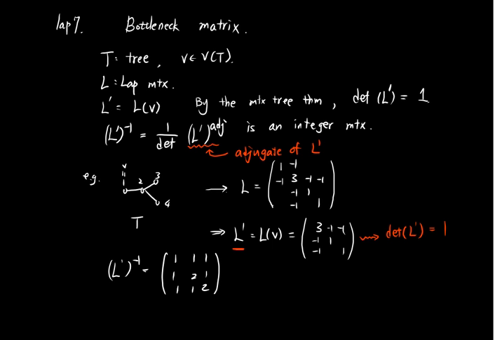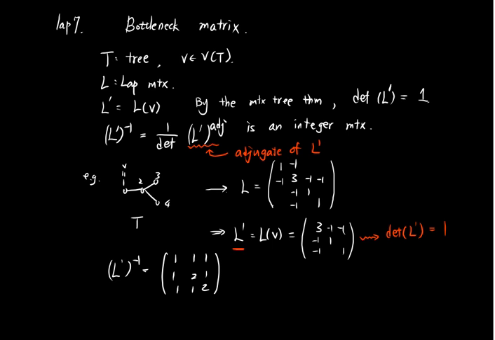When you take the inverse of a matrix, if you have 2, then the inverse of 2 on the real line is 1/2, which is not an integer. But this is a special case where it is going to be an integer. So there should be some meaning to this.